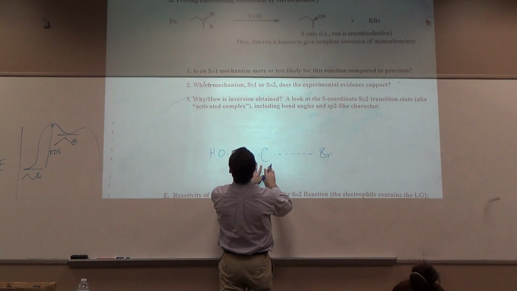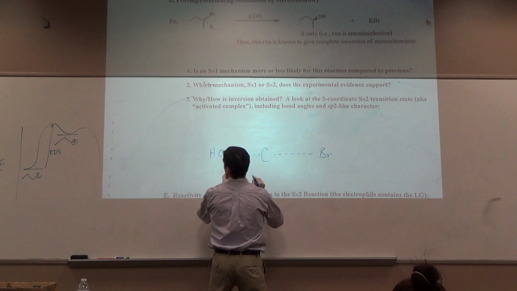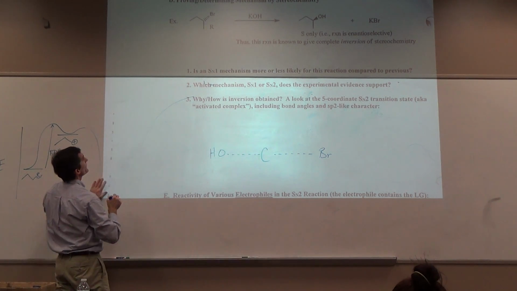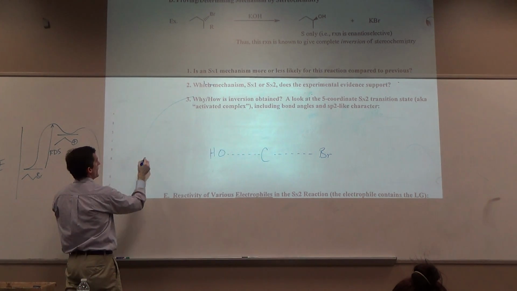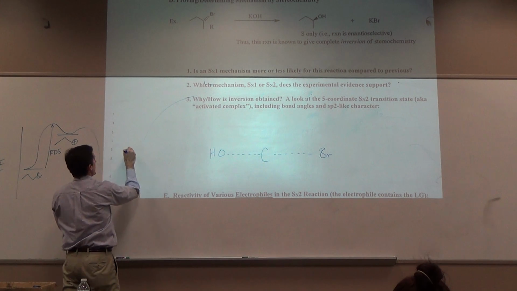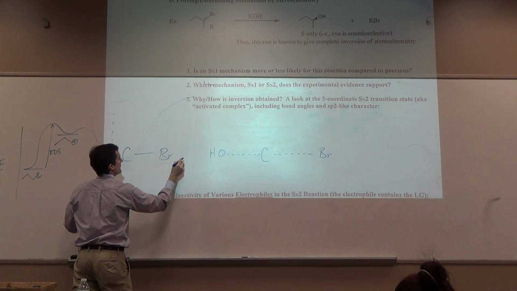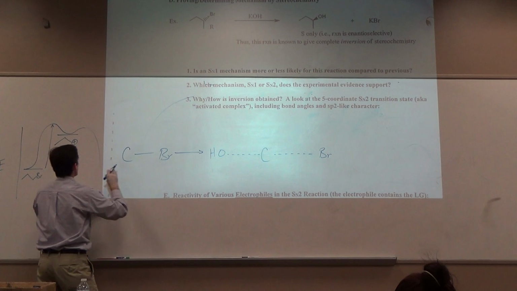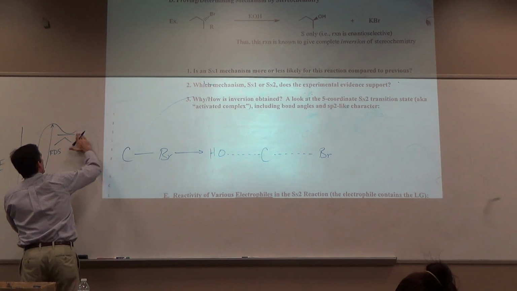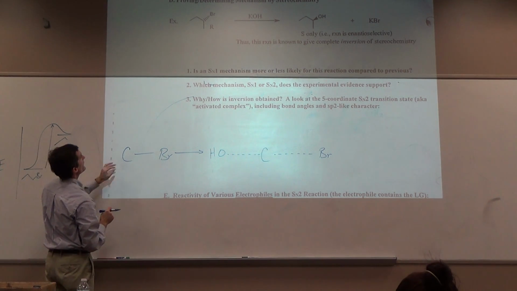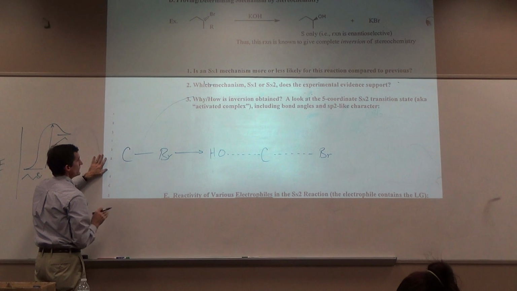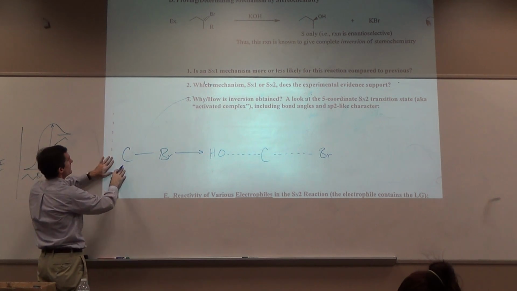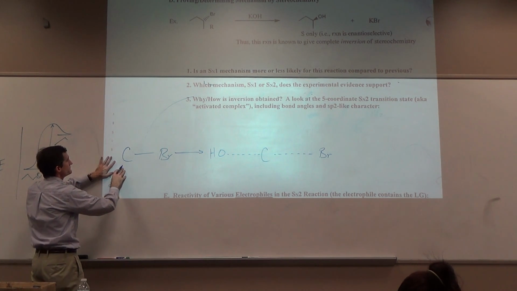Let's see. I'm about to come over here so I get the R and S right. Let me make the bromine. Here's the carbon. We'll put the bromine here. The bromine's there. Don't write it yet. Let me make sure I get R here.